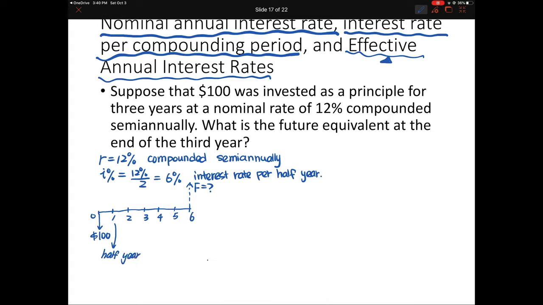Okay, and then you can put the I is 6% on this diagram. Okay, so that's how you calculate. You cannot use the R equals to 12% to do the diagram, because we said that's just a common quote. It's not used in calculation.